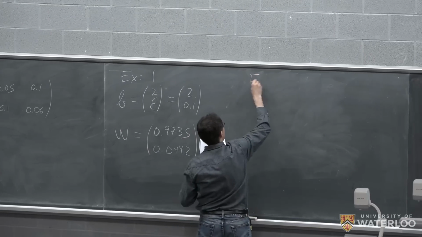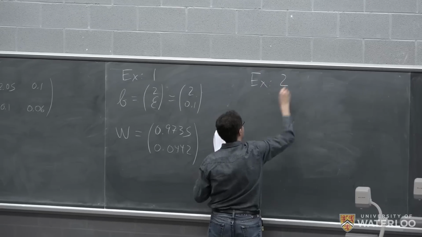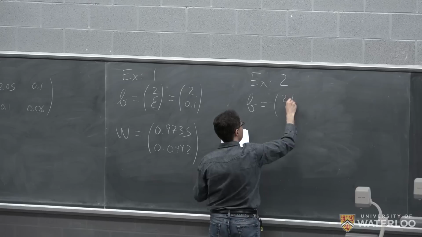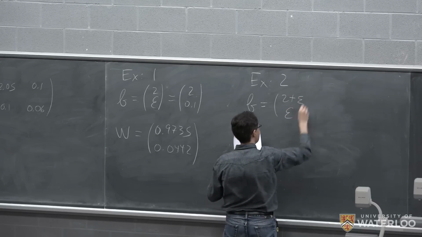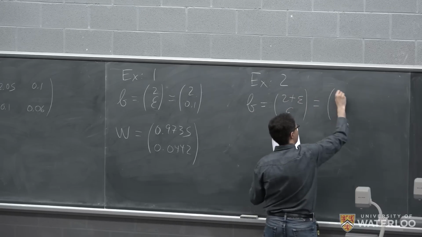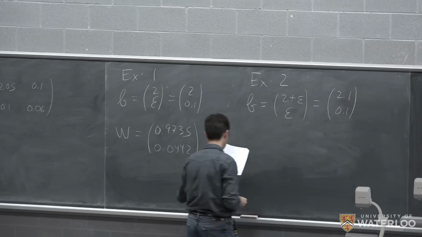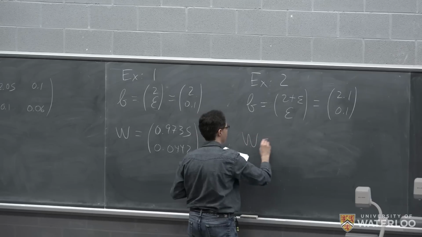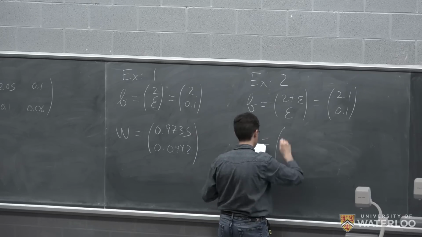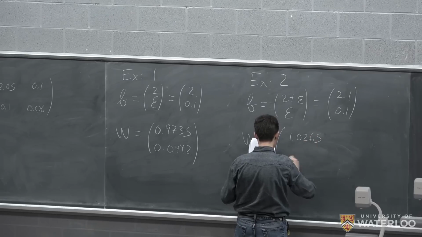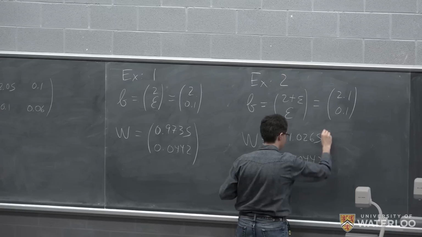In the case of example 2, we have a B that is 2 plus epsilon and epsilon, so that's 2.1 and 0.1. But this gives us a W which is equal to 1.0265 and minus 0.0442.